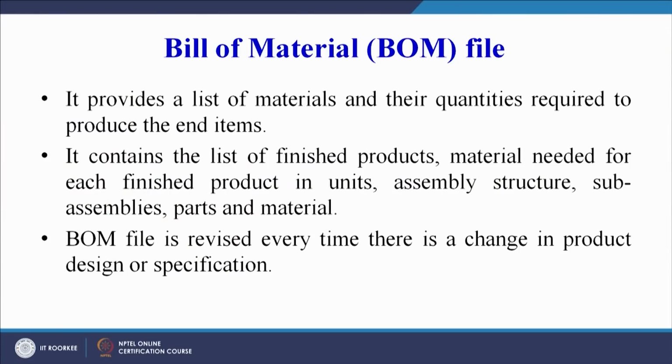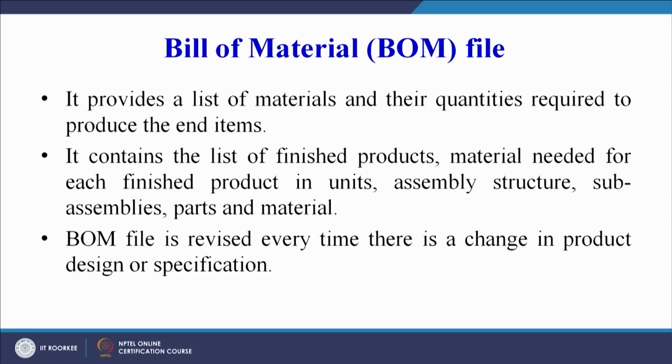What will be the tabletop, how many legs the table will have, what will be the material of the leg, all that will be mentioned. Suppose we are manufacturing a table, so all individual parts and components along with their quantity will be mentioned in the bill of material file. The bill of material file is revised every time there is a change in the product design or specification.